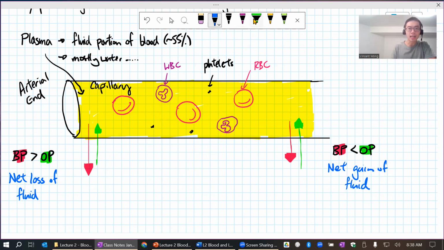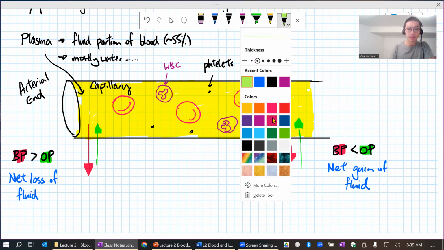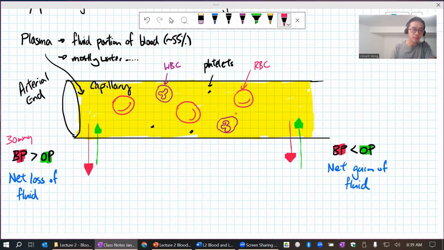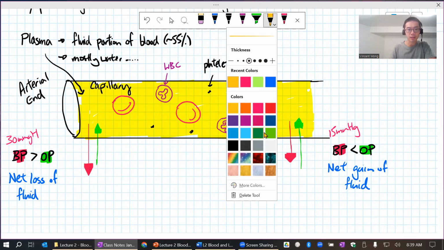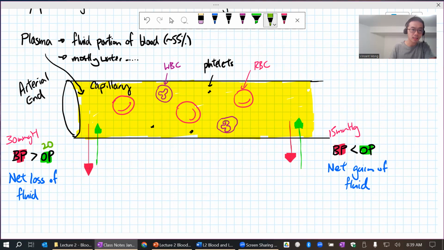But at the time, I was telling you that the blood pressure is about 30 mmHg here. But over here is only 15, right? Roughly. And then for the osmotic pressure, if you have been studying, you would remember this is about 20 mmHg.